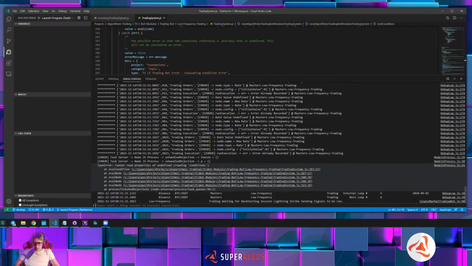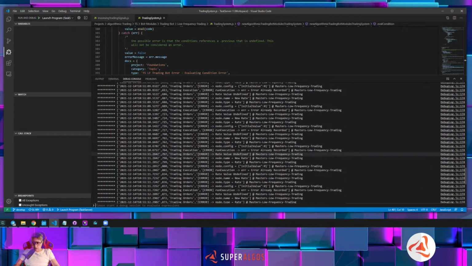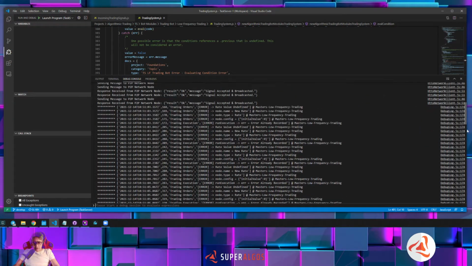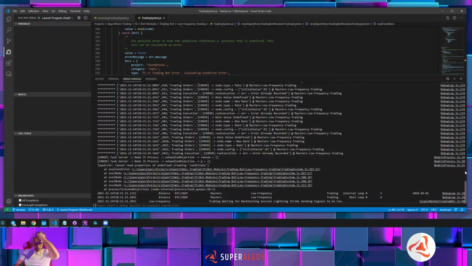Let's check why it's crashing and why all this is failing, so that we can have a clean run, and after that test that all signals are broadcasted and all signals are received on the end. Okay, so how do we do this?